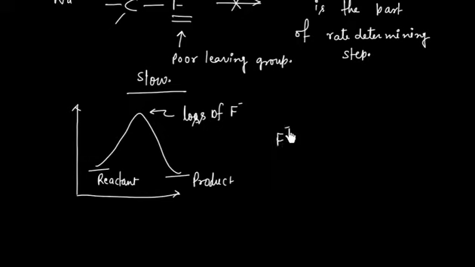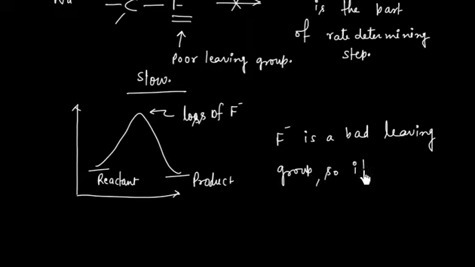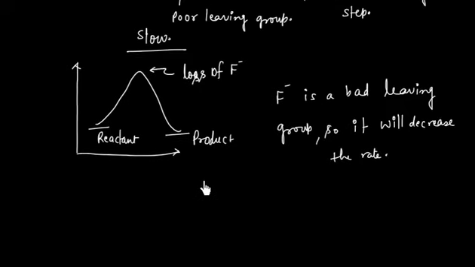F minus is a bad leaving group, so it will decrease the rate. The same thing we can also understand: rate can be written as alkyl halide times nucleophile for SN2 reaction. If I have a good leaving group, rate will be faster.